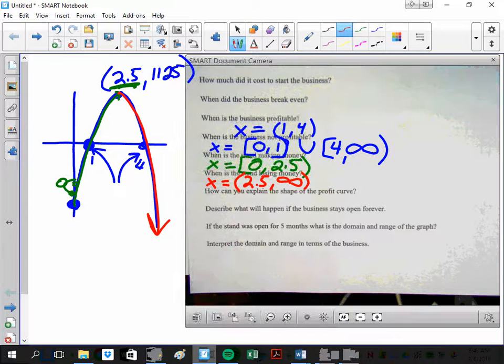Okay. One thing I think is really important when you're studying graphs and real stories is, can you make sense of this? So the next question asks, how can you explain the shape of the profit curve? Why might a lemonade stand profit curve look like this? Austin?